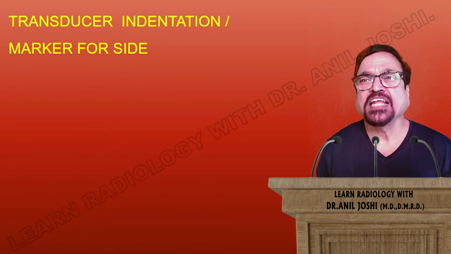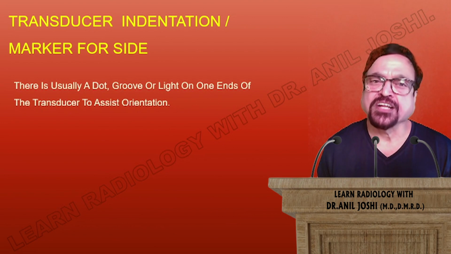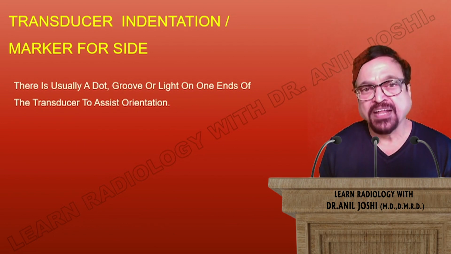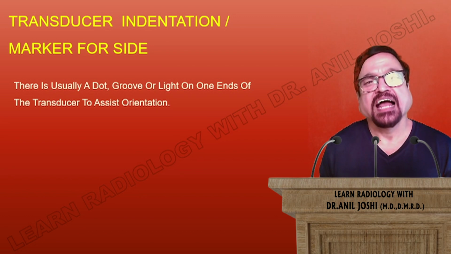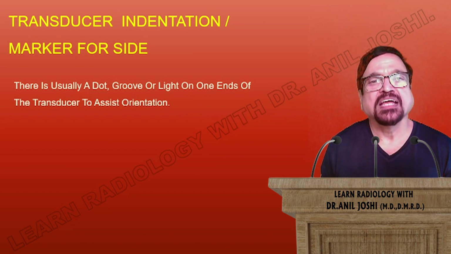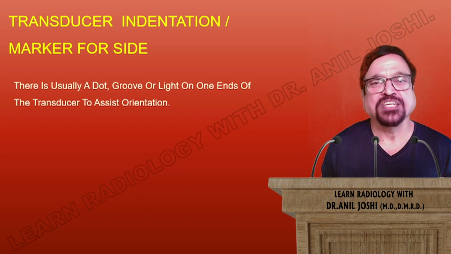Now, the transducer identification marker for the side. A sonographer is doing an ultrasound, a screen is projecting, but the side of the probe has a marker, and the same marker is shown on the screen. So we know which is the right side, which is the medial side, and which is the lateral side.